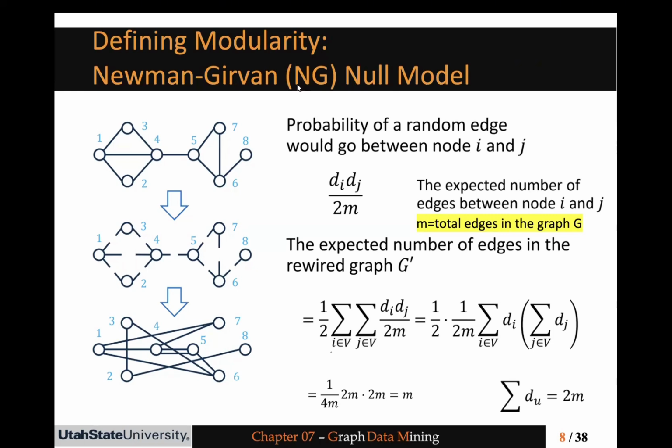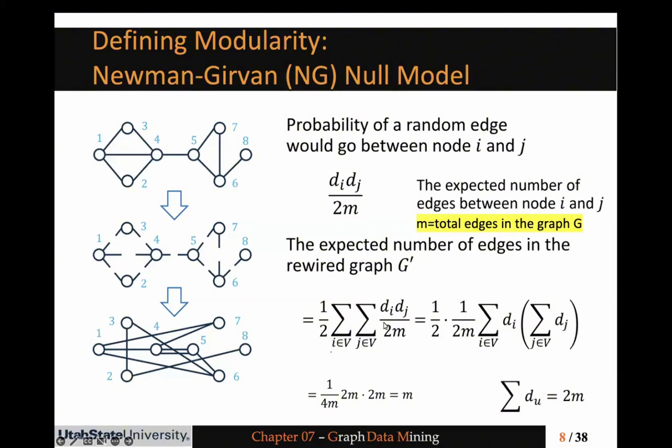Okay, so now that you understand this probability, it is generally easy for us to compute the expected number of edges in the rewired graph G prime. If I want to know the expected number of edges in the whole null model rewired graph, this is nothing but the sum over all the nodes i in our vertex set, and again the sum across all the nodes j in my vertex set.